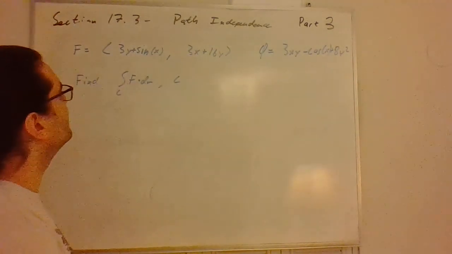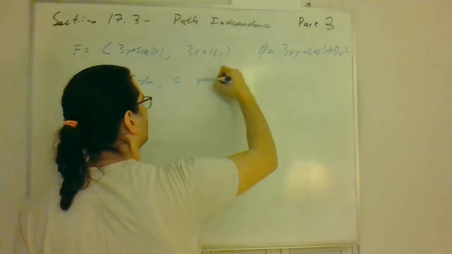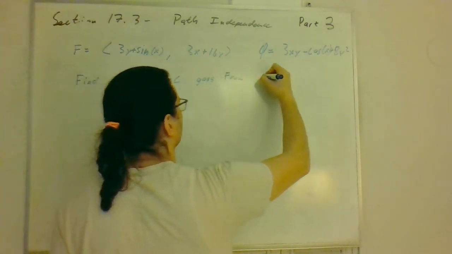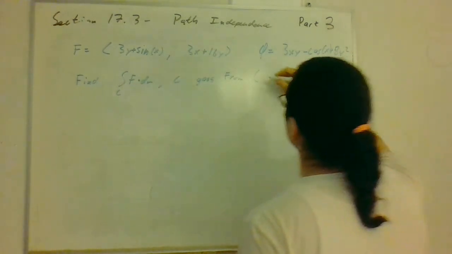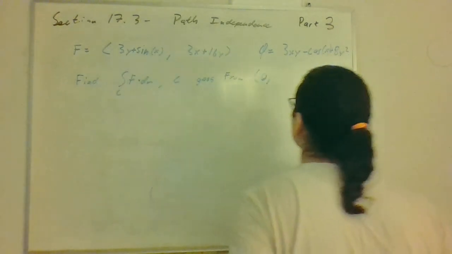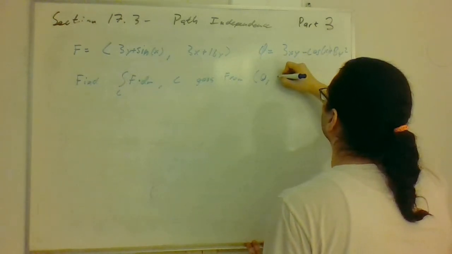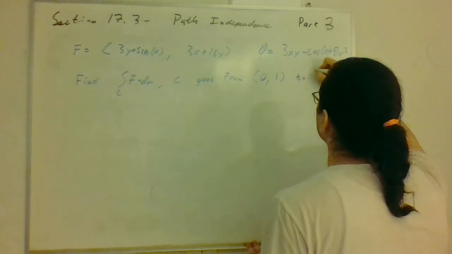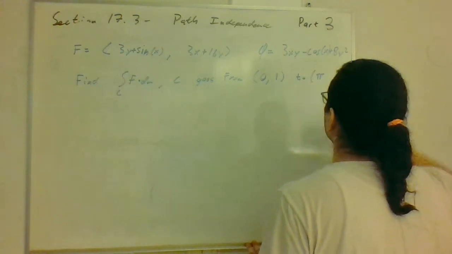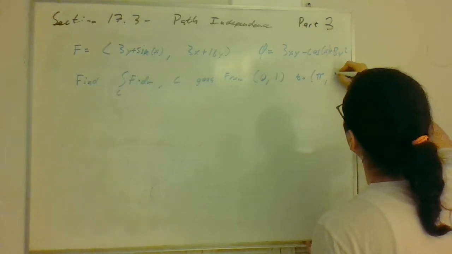Path doesn't matter. C goes from, let's start at (0, 1), and let's end at (pi, 4).